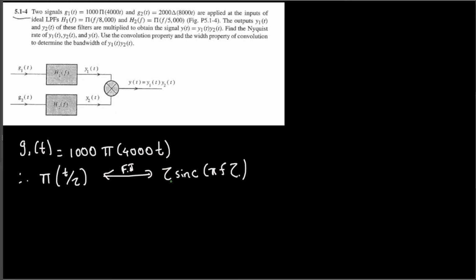So since tau is 1 over 4000, let's put this equation first: 1000 brick(4000t), and I'm taking the Fourier transform. That is going to be 1 over 4000 multiplied by 1000, that is 1 over 4, and then sinc(pi f tau).